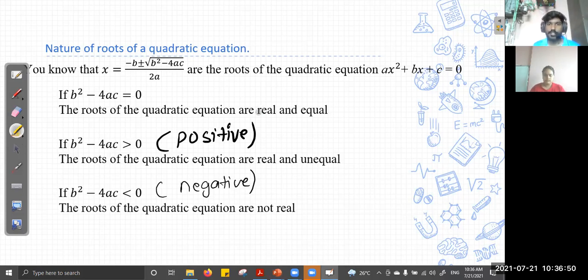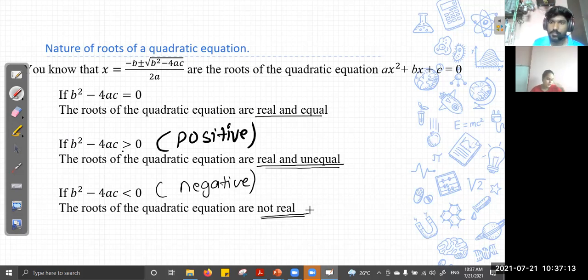So first is real and equal when it is equal to 0. When it is positive, greater than 0, real and unequal. And when it is negative, less than 0, then it is not real.